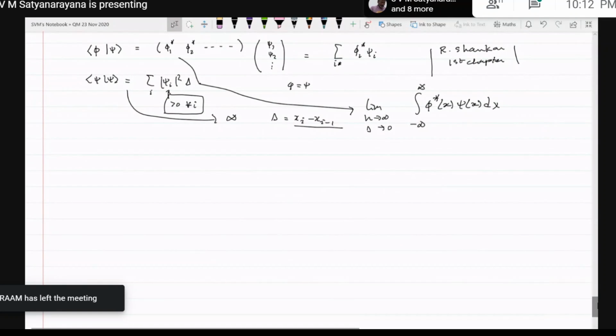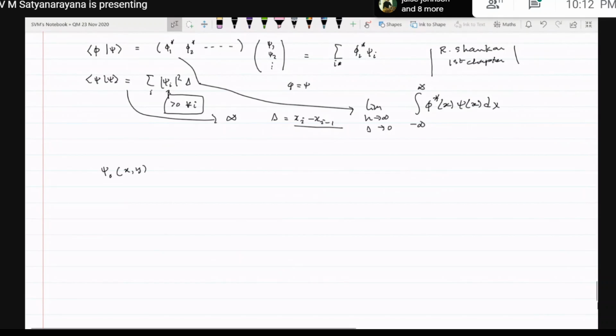For example, let's say you have psi 0 of x comma y, the ground state, so you have some constant n0 into e to the minus (x square plus y square) divided by 2L square. That L is basically that characteristic length, which is going to be the same in this case.